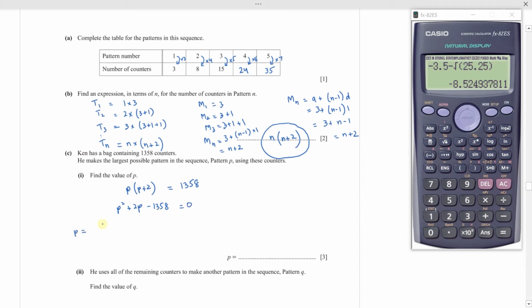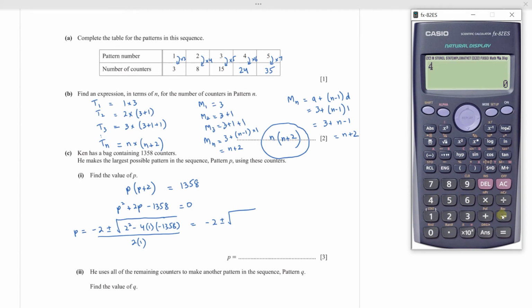My value of P will be minus B, which is minus 2, plus or minus the square root of B squared minus 4AC, so 2 squared minus 4 times A, which is 1, times C, which is minus 1358, all divided by 2A, so 2 times 1, which is also 2. So P equals minus 2 plus or minus the square root of, let's calculate this, 2 squared is 4 minus 4 into 1 into minus 1358.